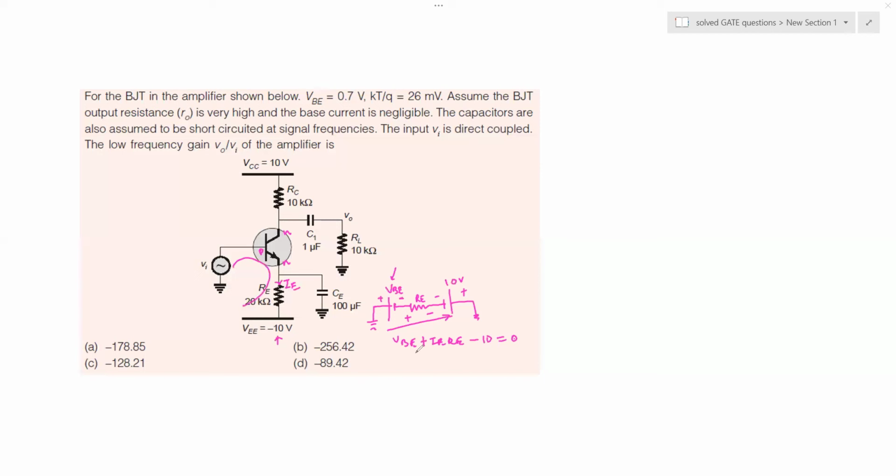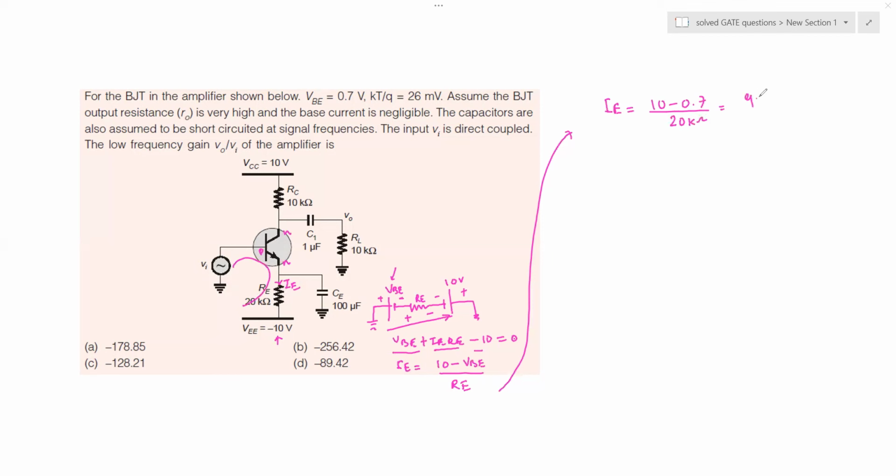So the voltage drops in this loop will be VBE plus IE RE minus 10 equal to 0. From that, IE would be 10 minus VBE divided by RE. So coming right over here, IE would be 10 minus 0.7, because VBE is 0.7, divided by RE, which is 20 kilo ohm.